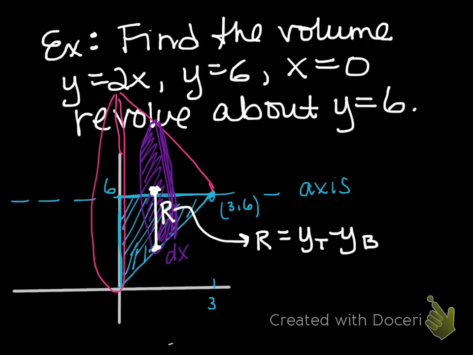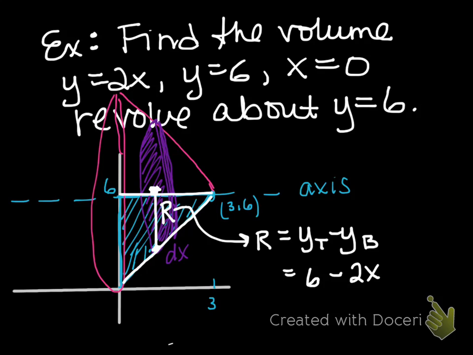Y top in this case is this straight line, the line y equals 6. Minus y bottom, the line y equals 2x. So that tells me that my radius is going to be equal to 6 minus 2x.